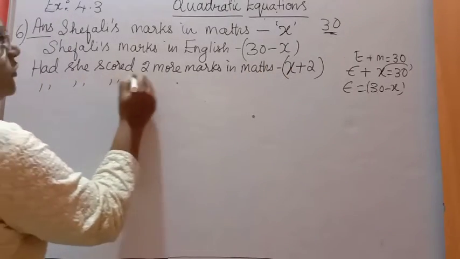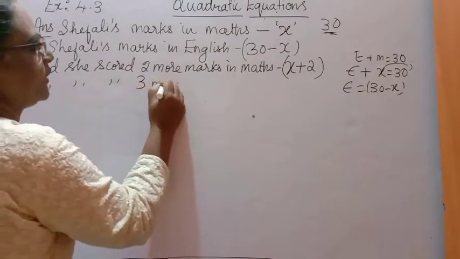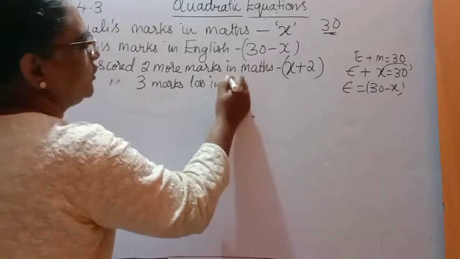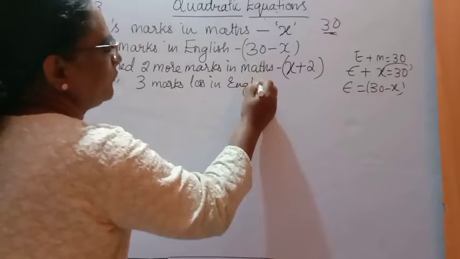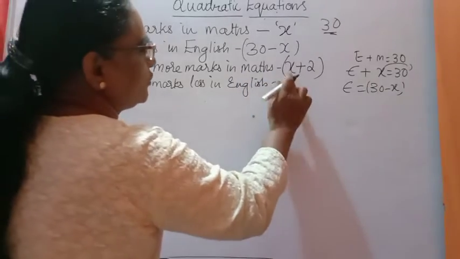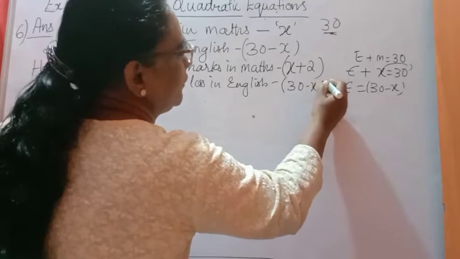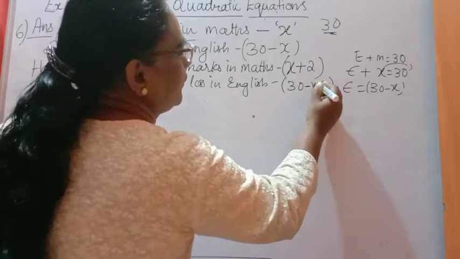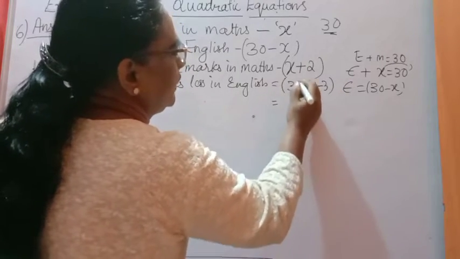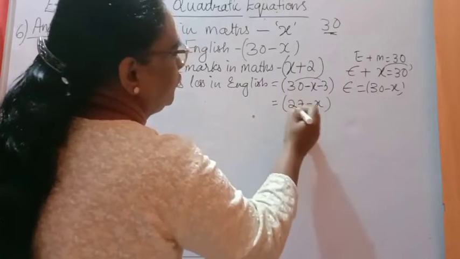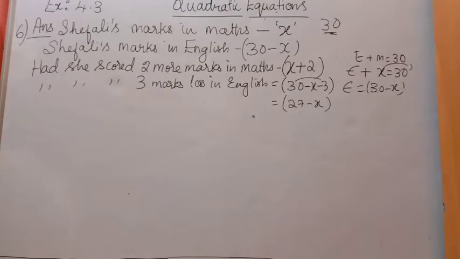Similarly, had she scored 3 marks less in English. Less means minus. Whatever the English mark is, you subtract 3. So 30 minus 3 is 27, 27 minus X. This will be her English mark.